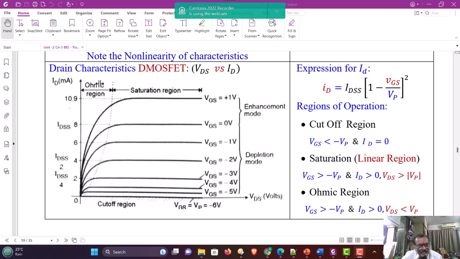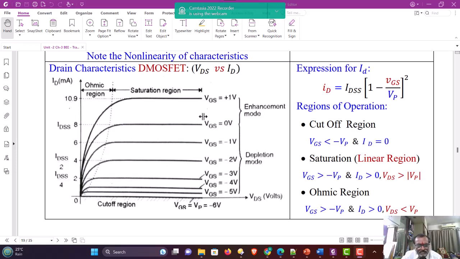The region near the y-axis here is called the ohmic region. That is similar to the saturation region in BJT, whereas here it is called the ohmic region.